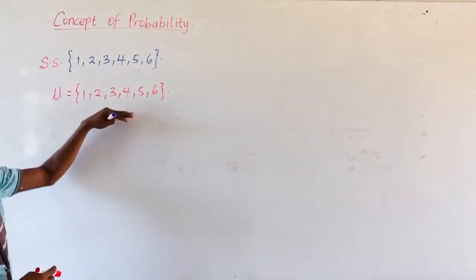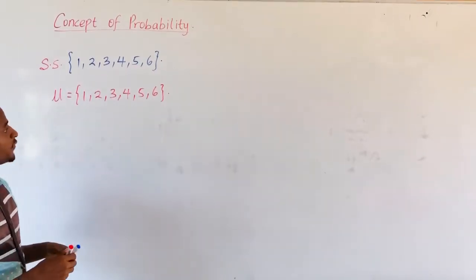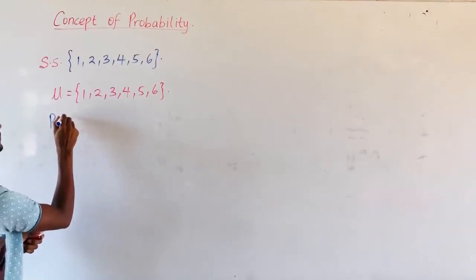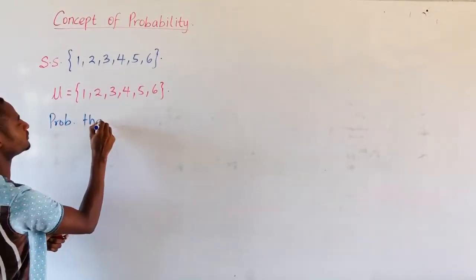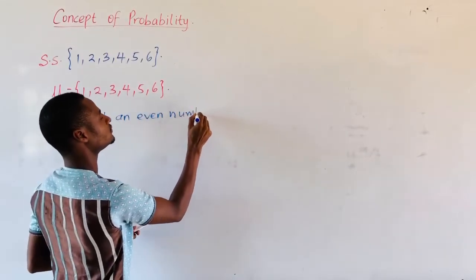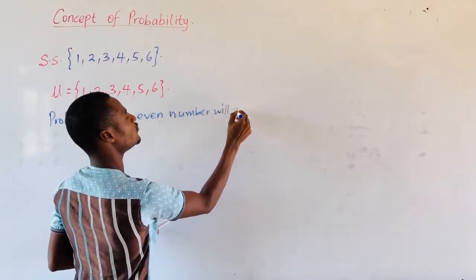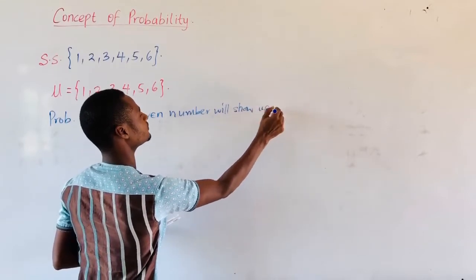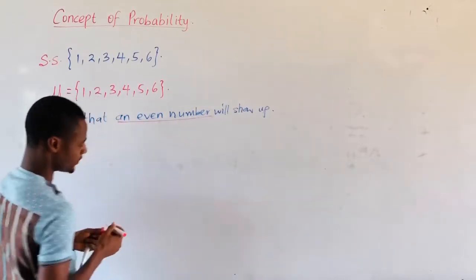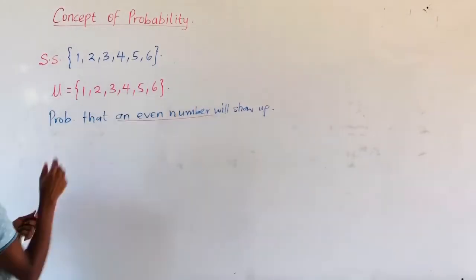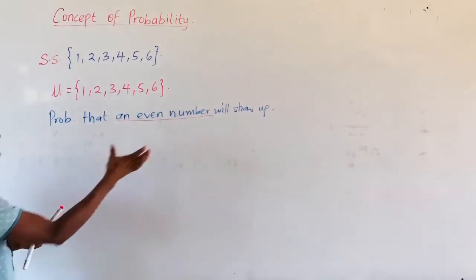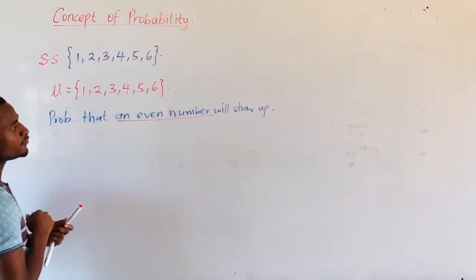Now within this sample space, if we want to find the probability that an even number will show up, then we go to our sample space and find the even numbers within that sample space, because that is the real outcome we want.